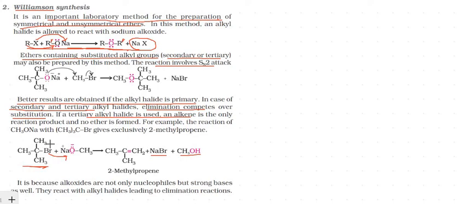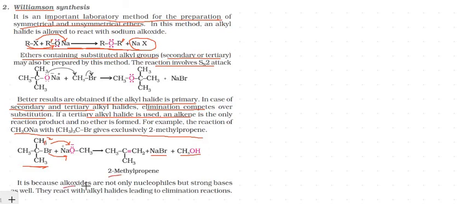So let's say if this hydrogen is pulled, what you are going to get is either of these three, an E2 product. So the reaction of sodium methoxide with tertiary bromide gives exclusively 2-methylpropene. Okay, it's again an alkene.